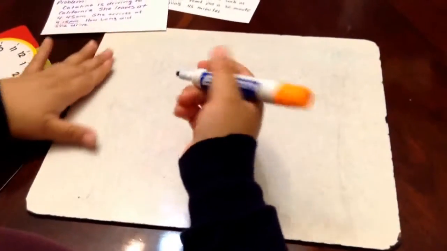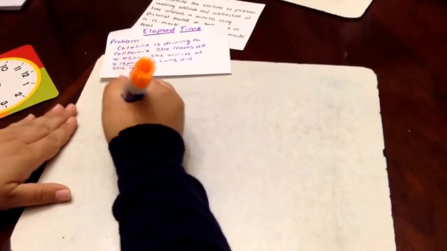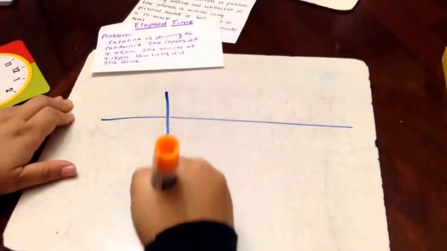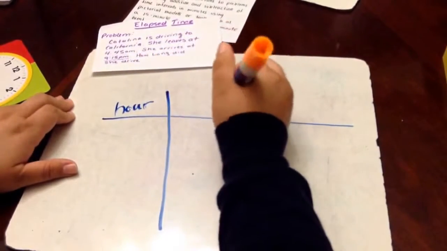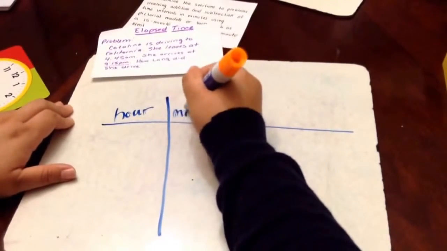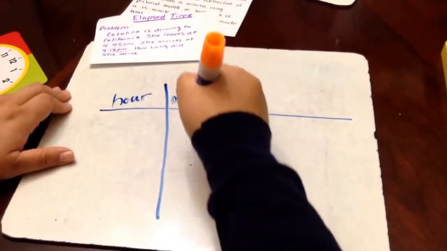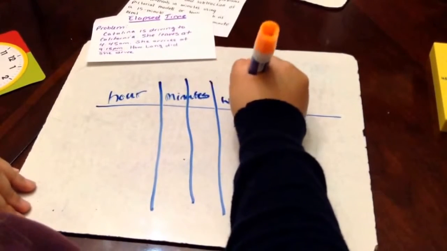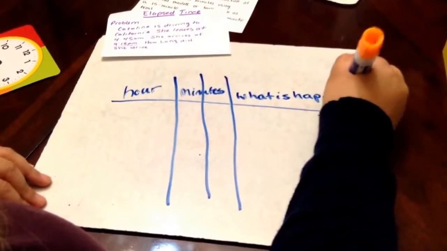Okay, and then another way that we can look at it is using the 6C approach, and we make a chart. Hour, minutes, and what is happening, because this is going to be important.